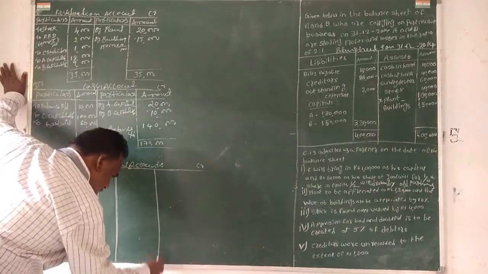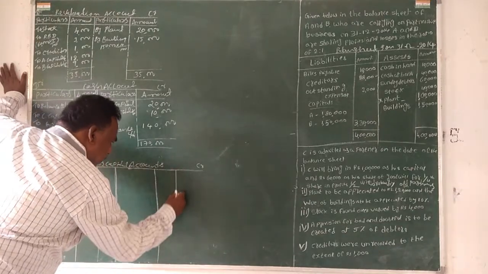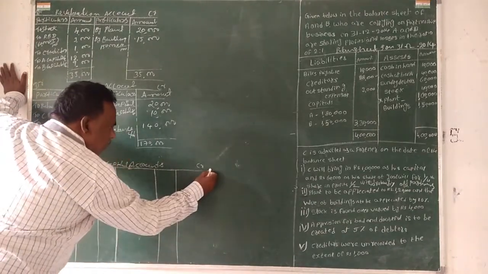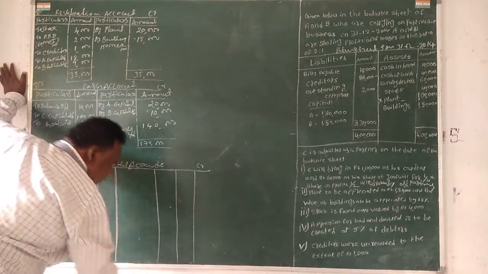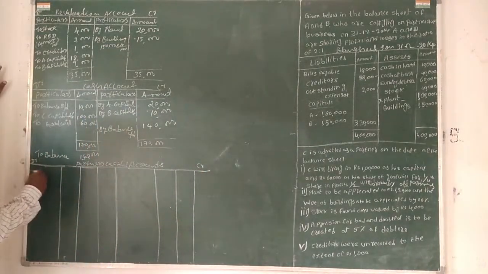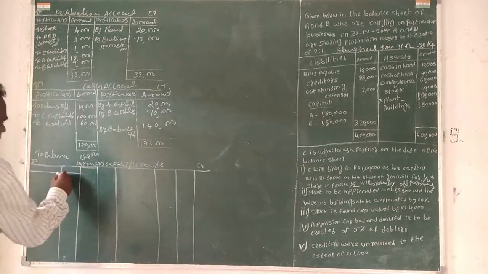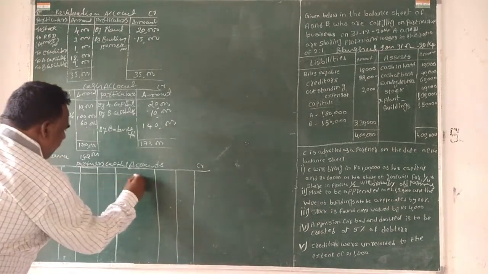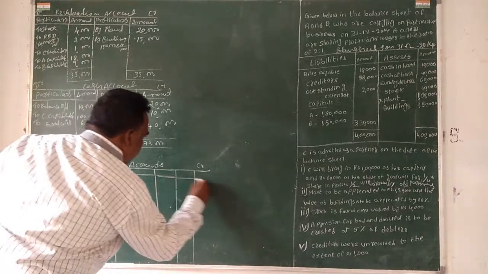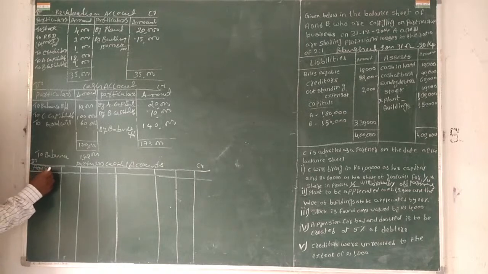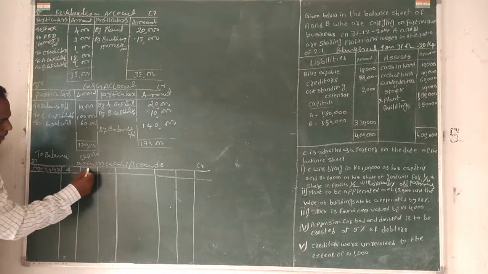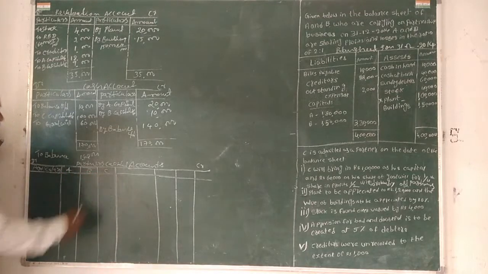So the old partners' share capital according to balance: A 1,80,000, B 1,60,000, by balance brought down. C nil.